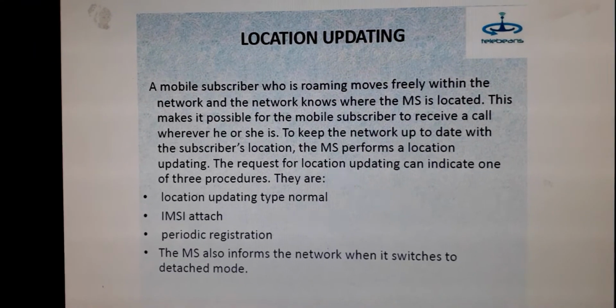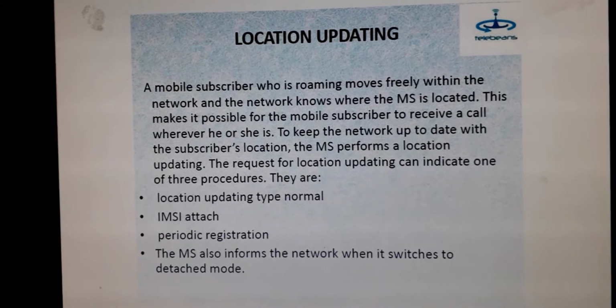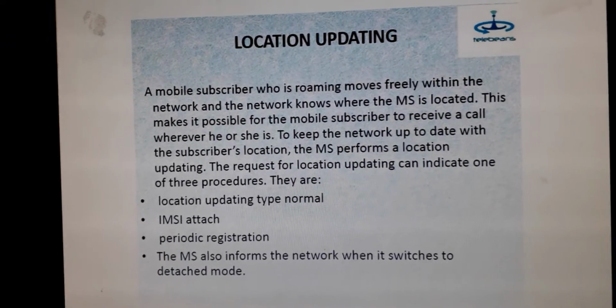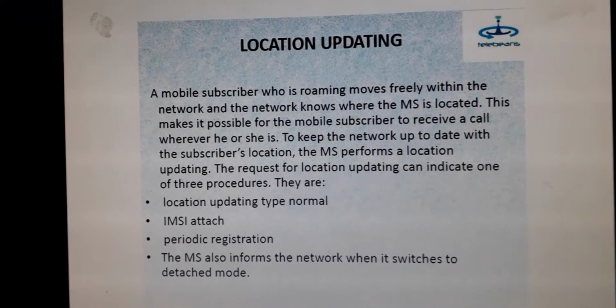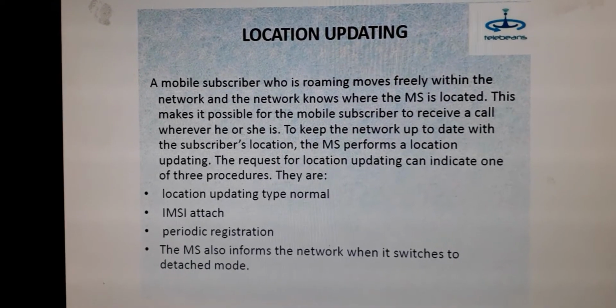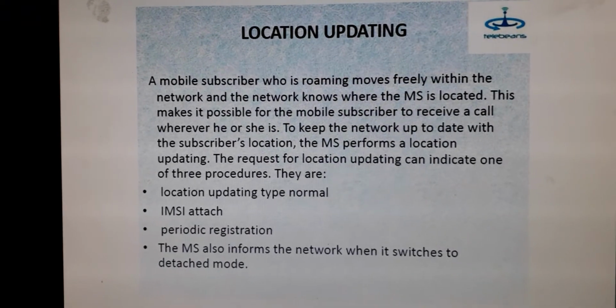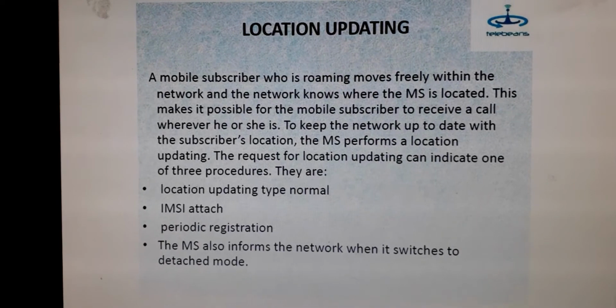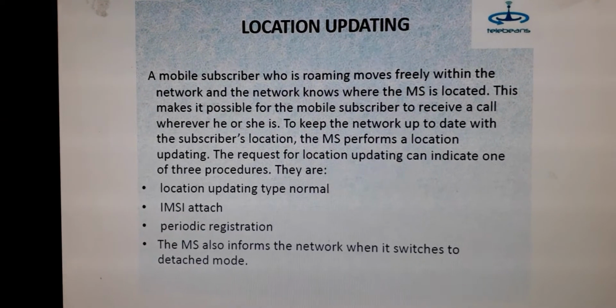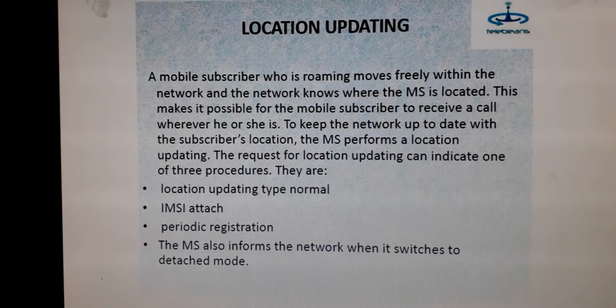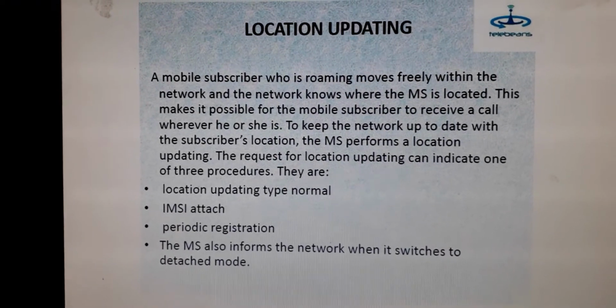Location updating in GSM is a very important process, for the network and from the examination point of view also. The location updating can be done using these three procedures: normal location updating, IMSI attach, and periodic registration.